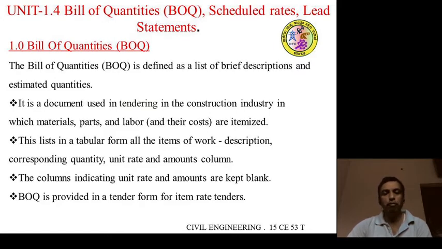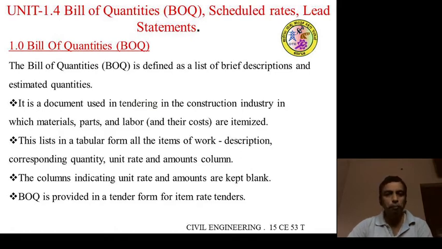That may be 100 cubic meter or 200 cubic meter or 400 cubic meter, and the unit rate of each item of work, that means 160 per cubic meter, etc. That will be shown in tabular form.